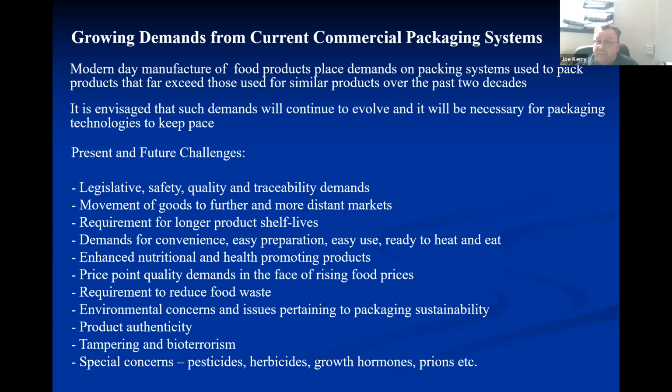And the products that were packed for the UK market and for the European market, they're practically the same materials and formats that are still being used, but we're moving them over much greater distances. So the packaging materials and systems are doing a lot more than they were ever designed to do.